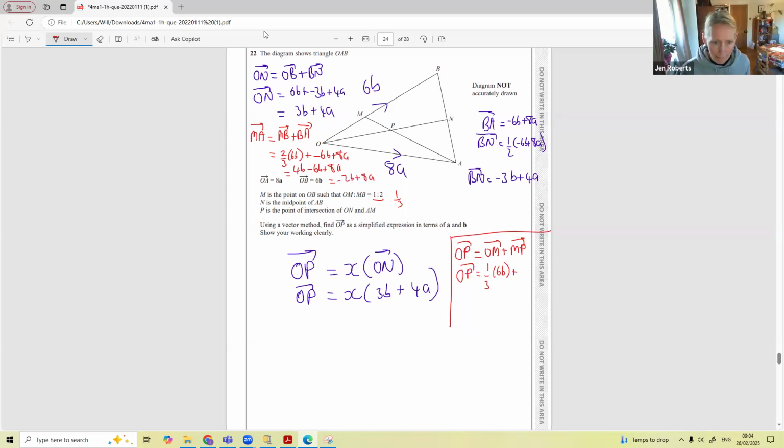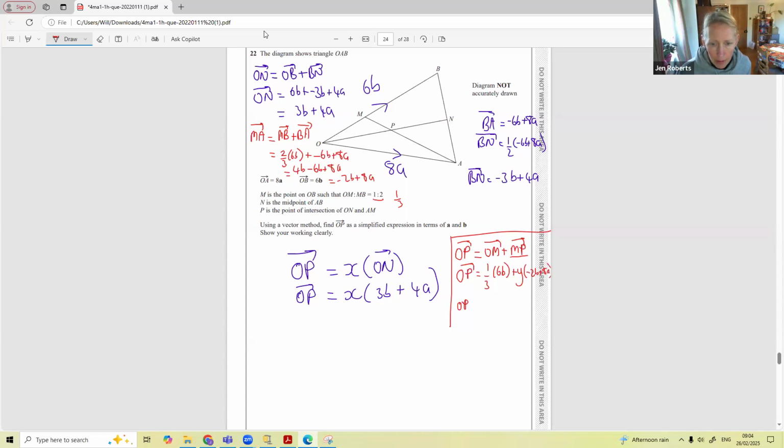So M to P is part way along this line M to A. For M to P, we're going to use a different letter: Y times (minus 2B plus 8A). Let me simplify this a bit.